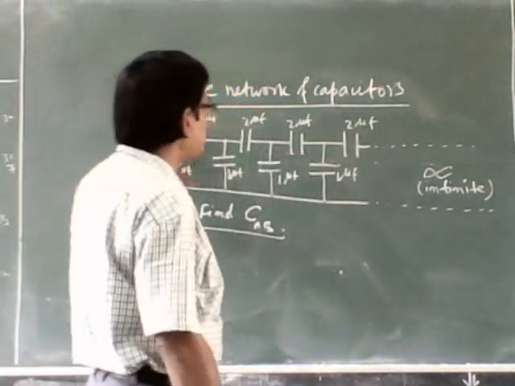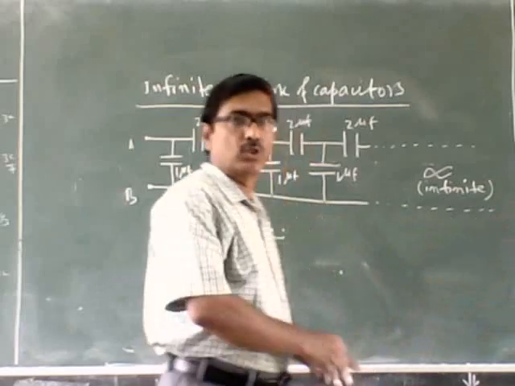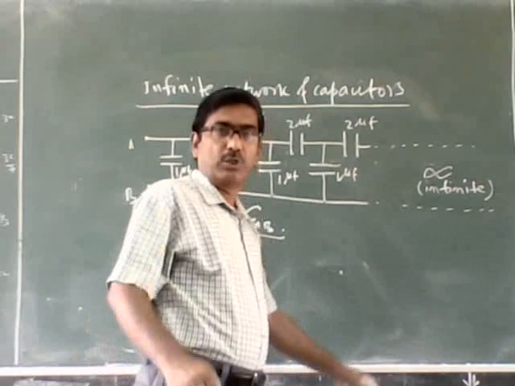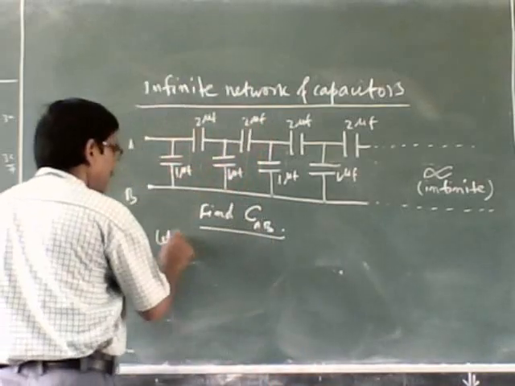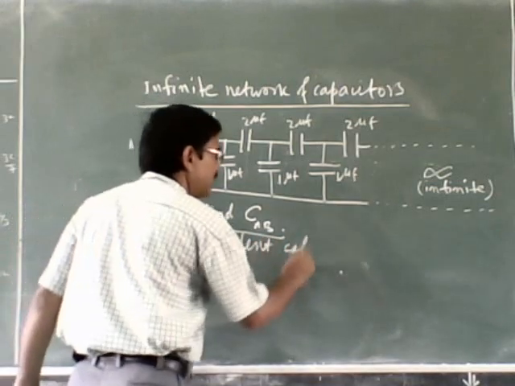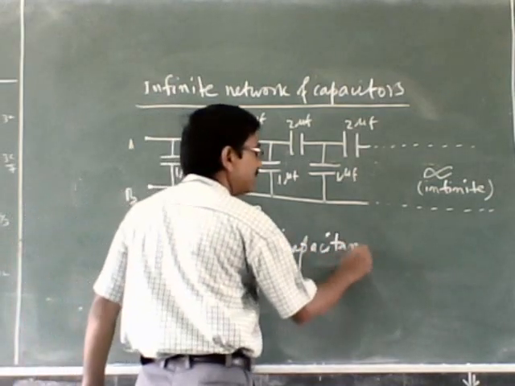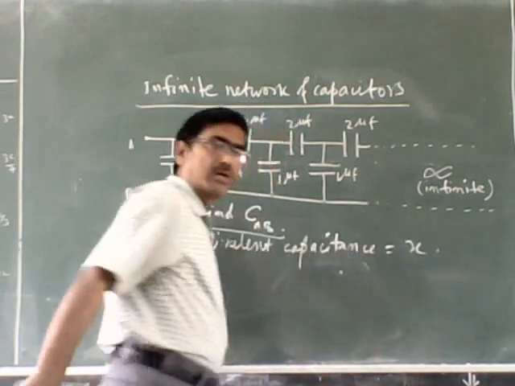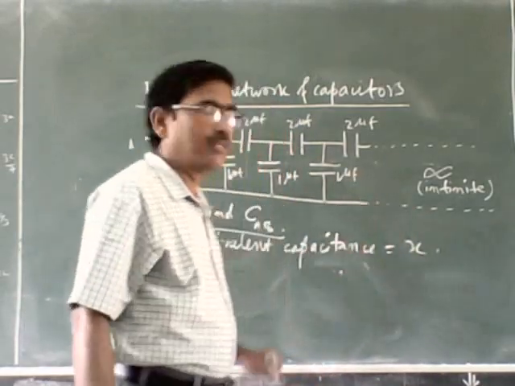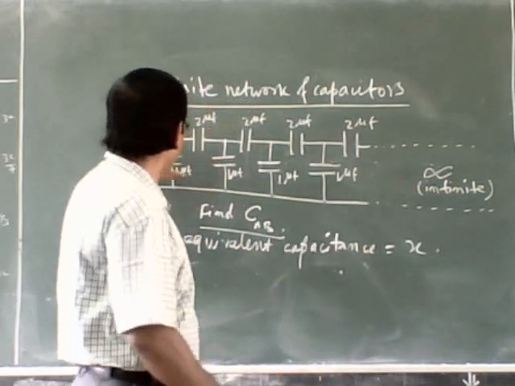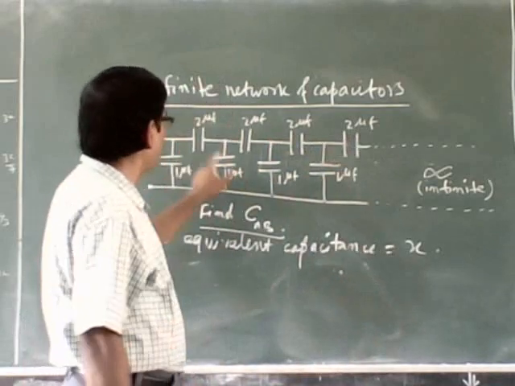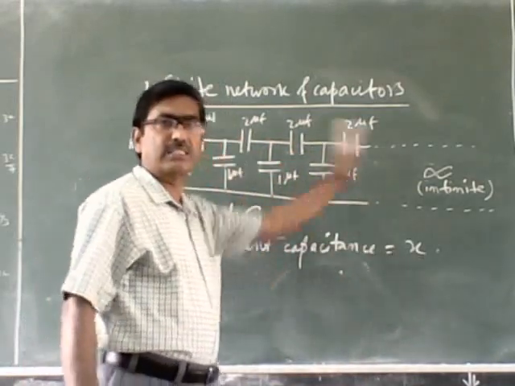Here you see, as the network is an infinite network, let us take the equivalent capacitance as X. Okay, so if the equivalent capacitance is X for an infinite network, and you leave one unit, you see this system is repeated: 1, 2, 1, 2, 1, 2, like the system is repeated.